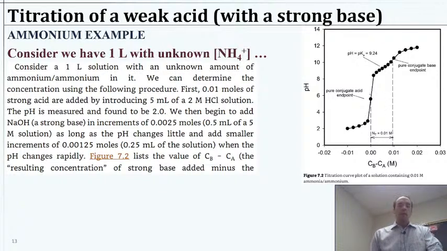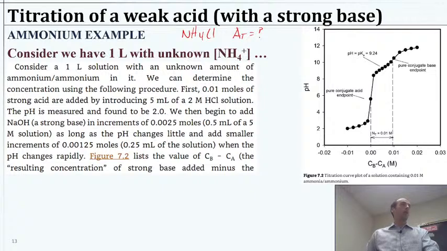So if we have a titration curve that looks something like this for this ammonium example, where we can add more base, I think we're starting with ammonium chloride, NH4Cl. We don't know what concentration it is, so we're going to call this AT, and we're not sure how much we have.